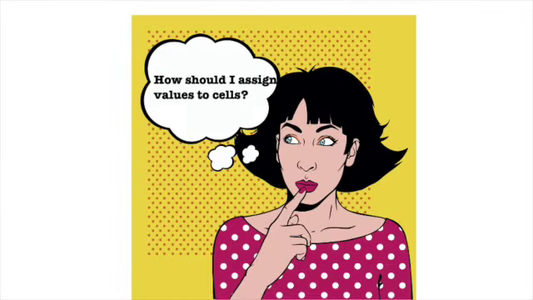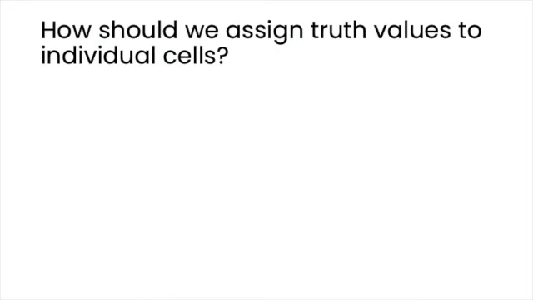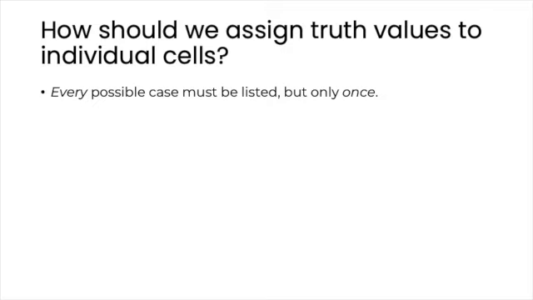Okay, next question. How should I assign truth values to my truth table? There are different ways to assign T's and F's to your truth table cells. But what we always require is that every possible case must be listed, and must be listed only once. To guarantee this, I recommend that you follow this procedure, which I call the halving method.